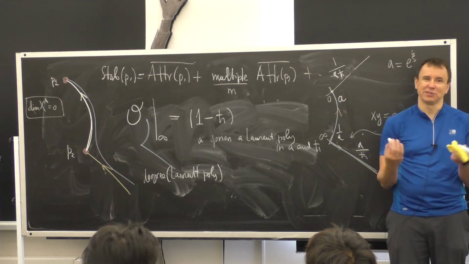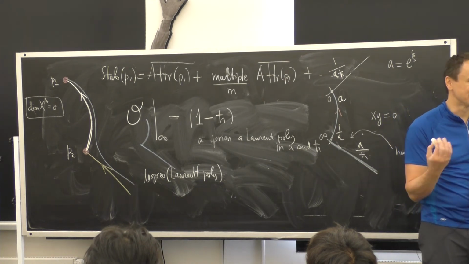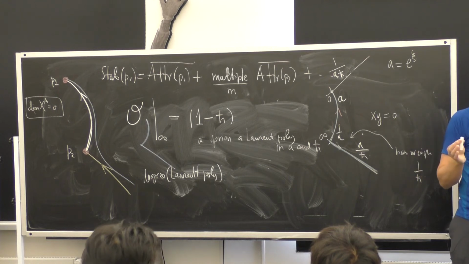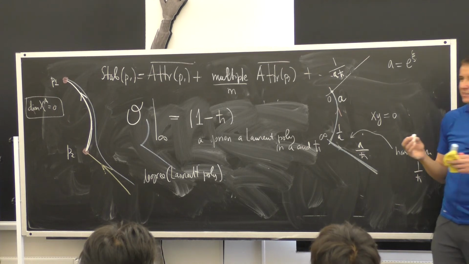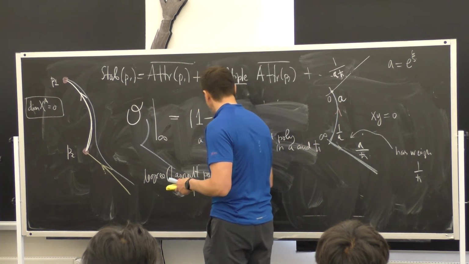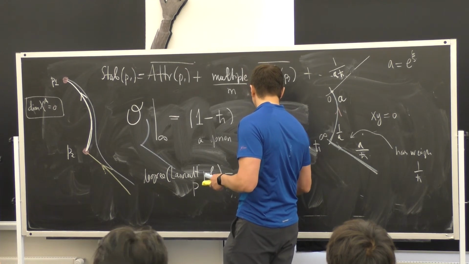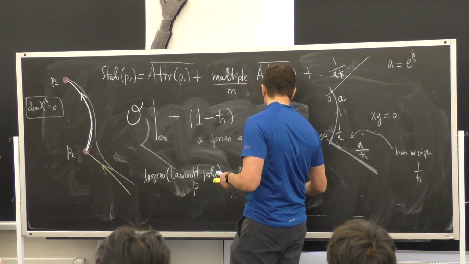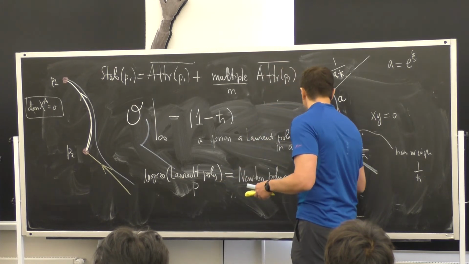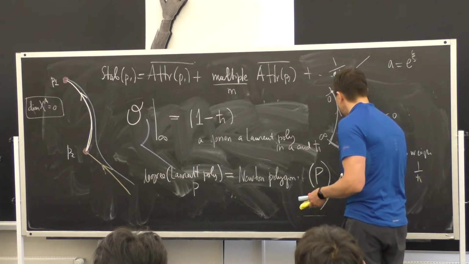Like the degree of a polynomial should be roughly like how many zeros it has in the corresponding torus. It has something to do with that. And so the Laurent polynomial, call it P, it's really the Newton polygon of P. In fact, the Newton polygon up to translation.